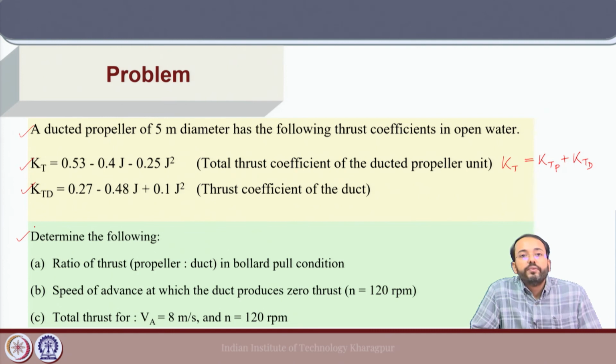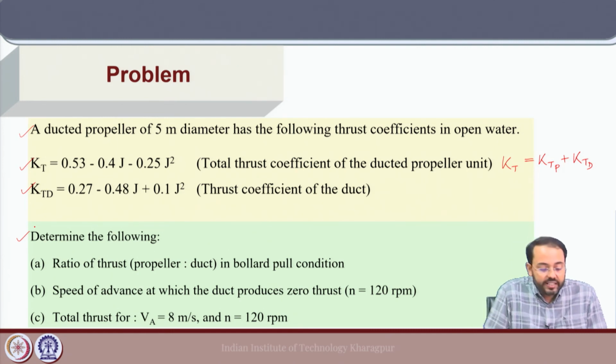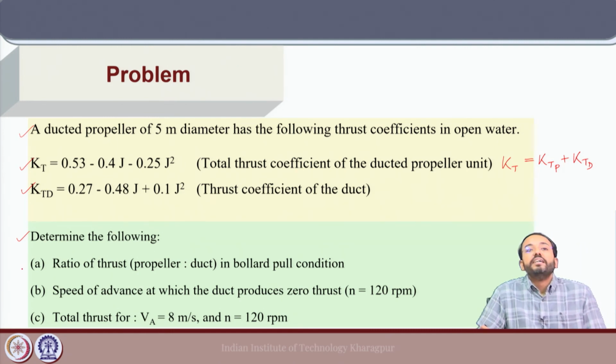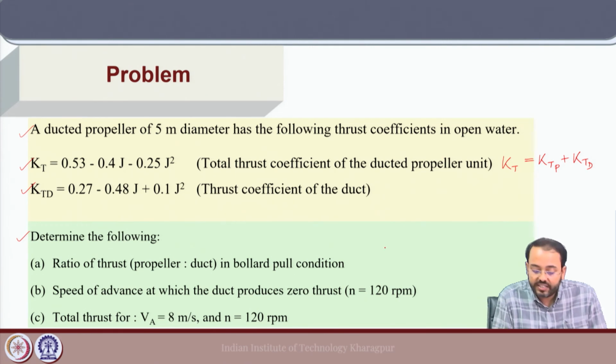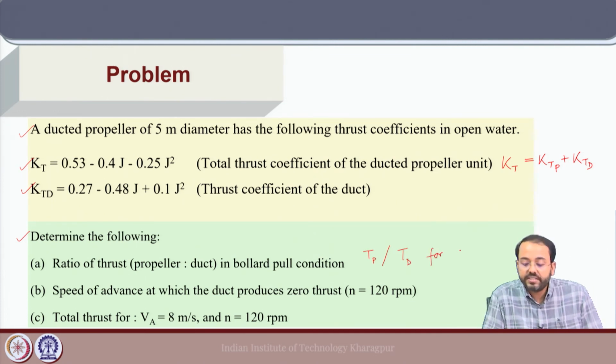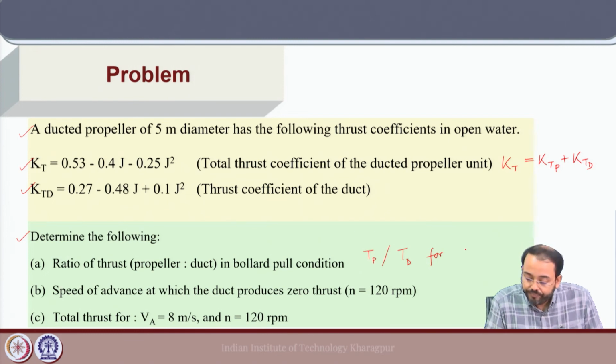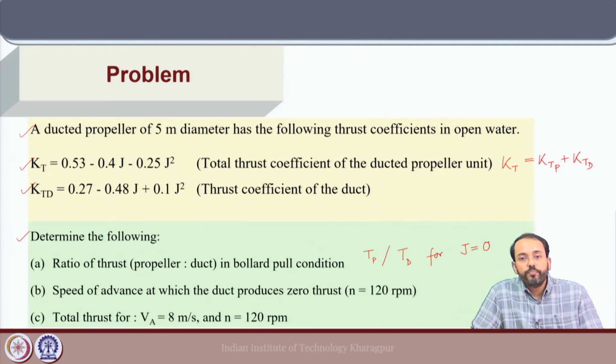And in the problem, it is required to determine 3 different things. The first one is the ratio of thrust propeller is to duct in the Bollard pool condition. So, Tp by Td for Bollard pool condition, that means 0 advance speed, J is equal to 0.